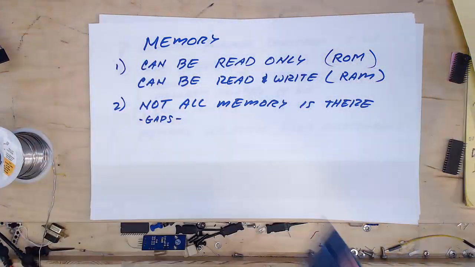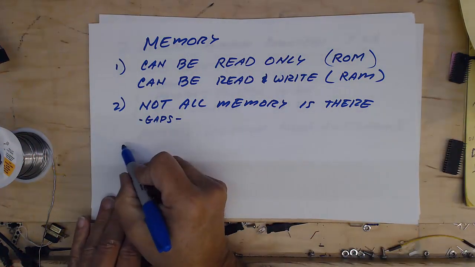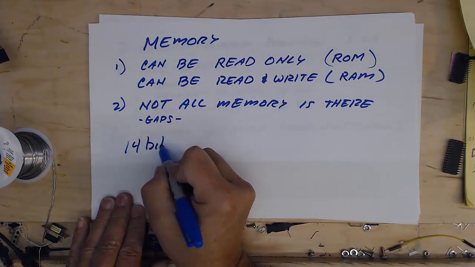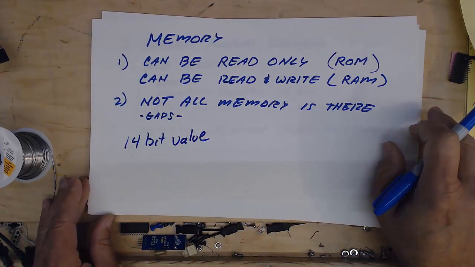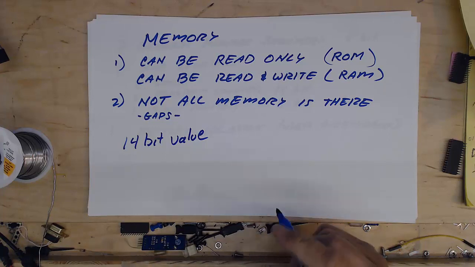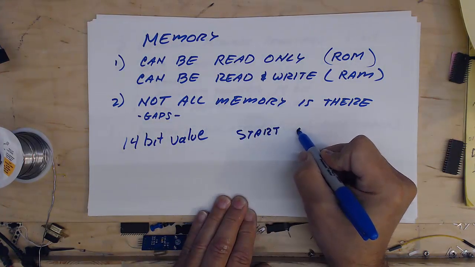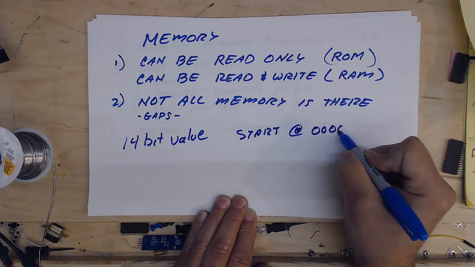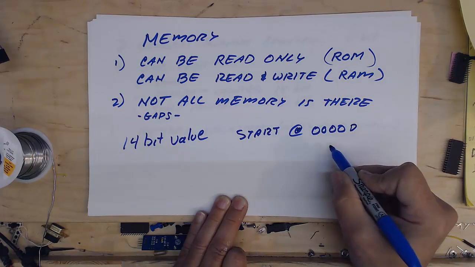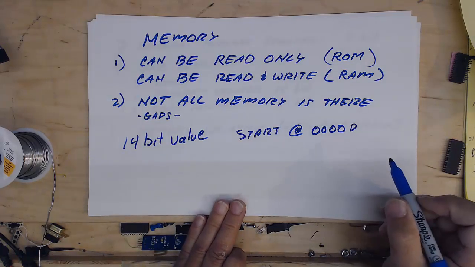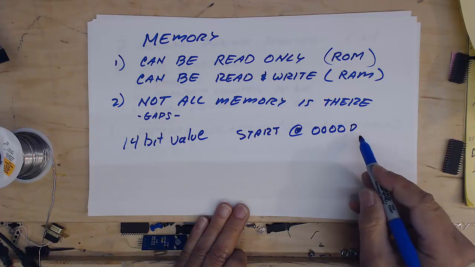But basically, the memory is going to be, for the 8008, a 14-bit value. And we are generally going to have that memory start at 0000, in decimal or in hex, and it's going to go up in little blocks to the maximum value.